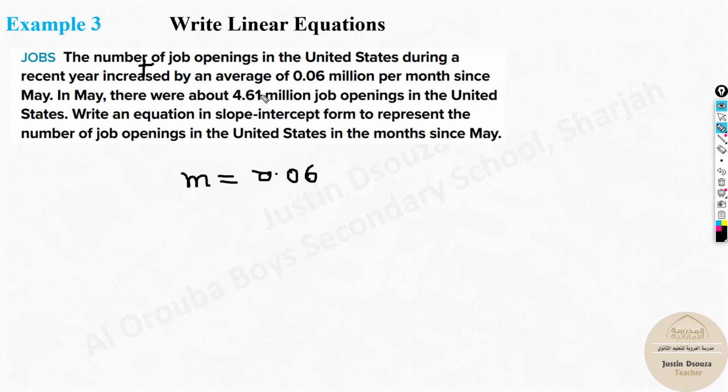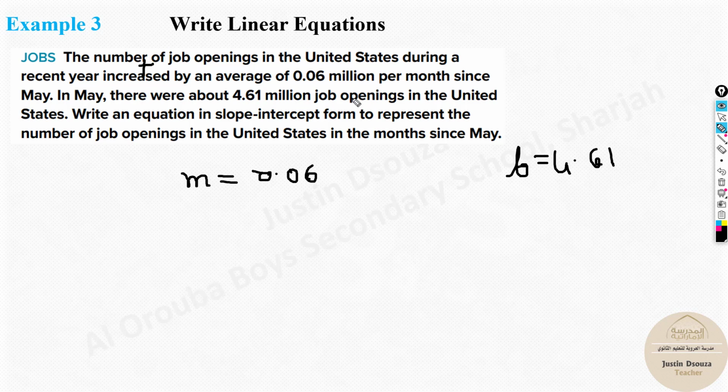And whenever you have a constant value, in May there were how many? Exactly in May there was a certain value, 4.61. That is the b, that is the y-intercept.